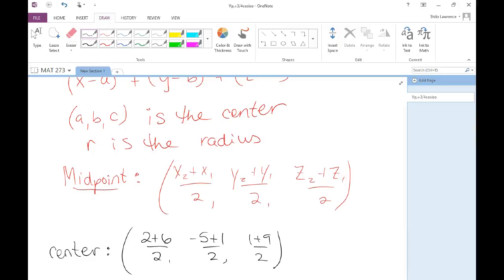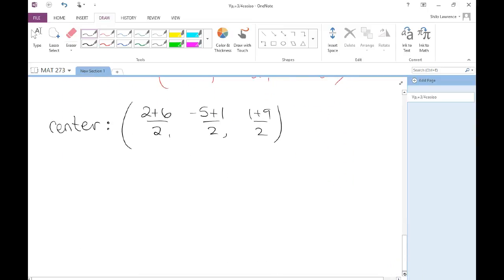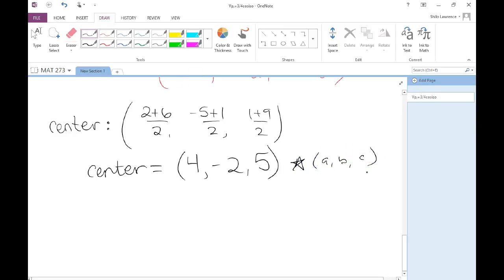And we want to know what's halfway in between them. So what do we get for our center? 4, -2, 5. This is our ABC. This is 3 of the 4 unknown numbers in that formula.